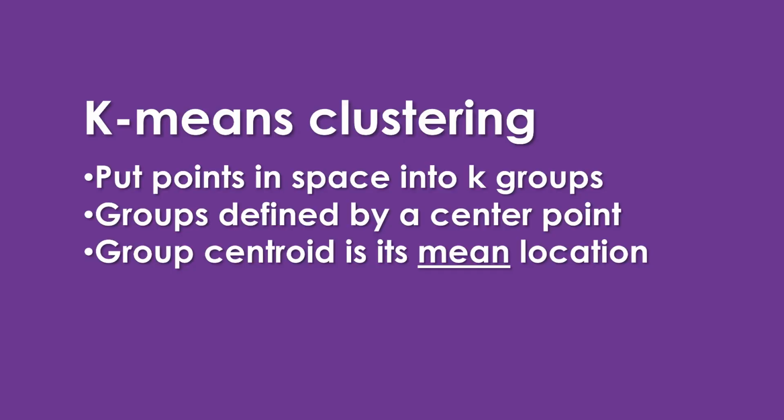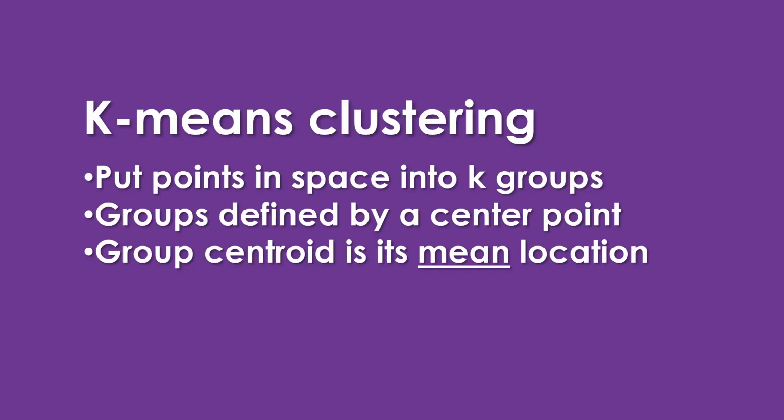All K means is just the number of groups, the number of clusters that we're interested in. And we're going to put the points in the data set, the points in space, into these K groups. And we'll define these groups by a center point. Remember geometry, centroids?